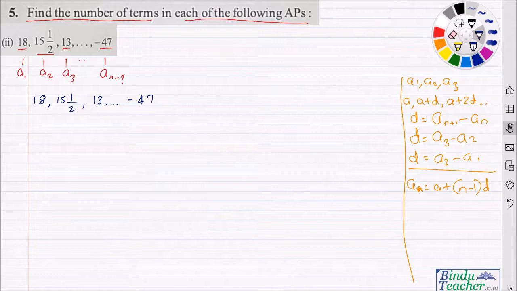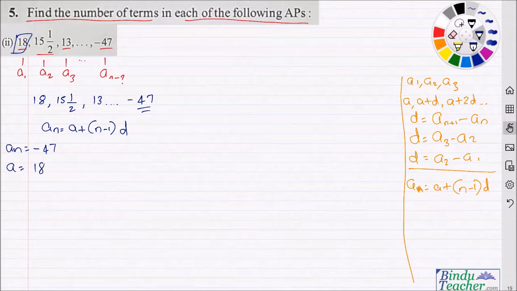Okay, so first we will write the formula here. A of n equals A plus n minus 1 into D. Now A of n is given as minus 47. Right, so let's write that down. The value of A is given as 18. Next, the value of n is unknown. That is what we have to find.